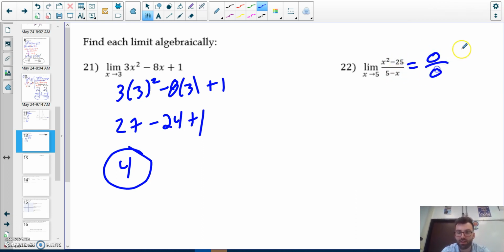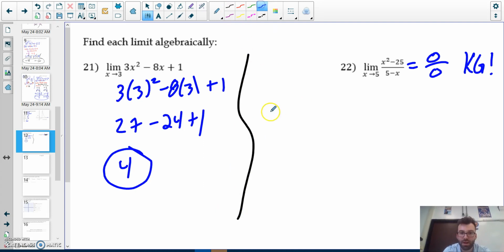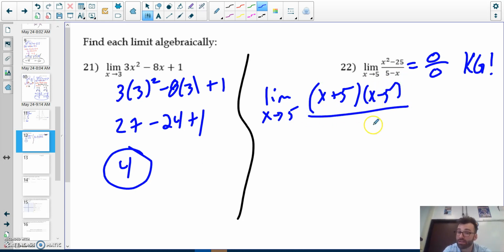I get 5 minus 5, which is 0, which tells me I have to keep going. Our numerator can be factored as x plus 5, x minus 5. And I have 5 minus x, but I want x minus 5. So I can take that negative 1 out to switch the sign of each of my terms so that my x minus 5s can cancel.